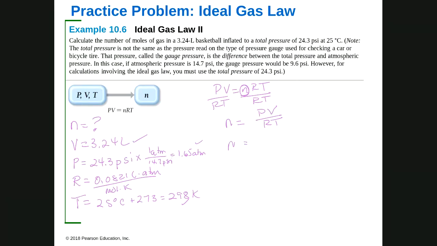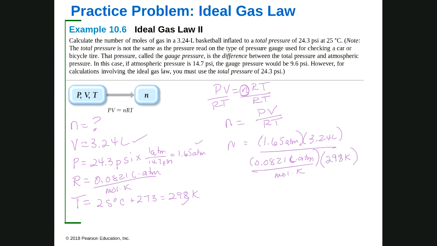All right, so now all I have to do is plug in 1.65 atmospheres times the volume, which was 3.24 liters, divided by R, 0.0821 liter atmosphere over mole K, and then times temperature at 298.